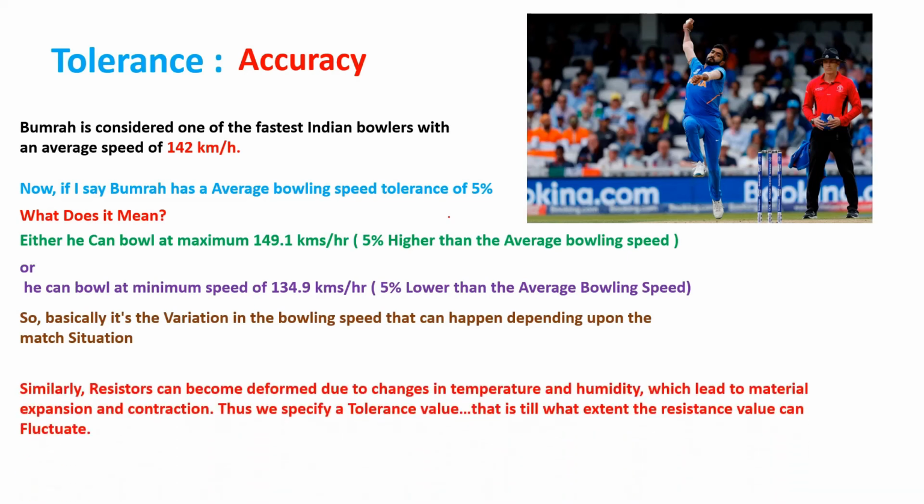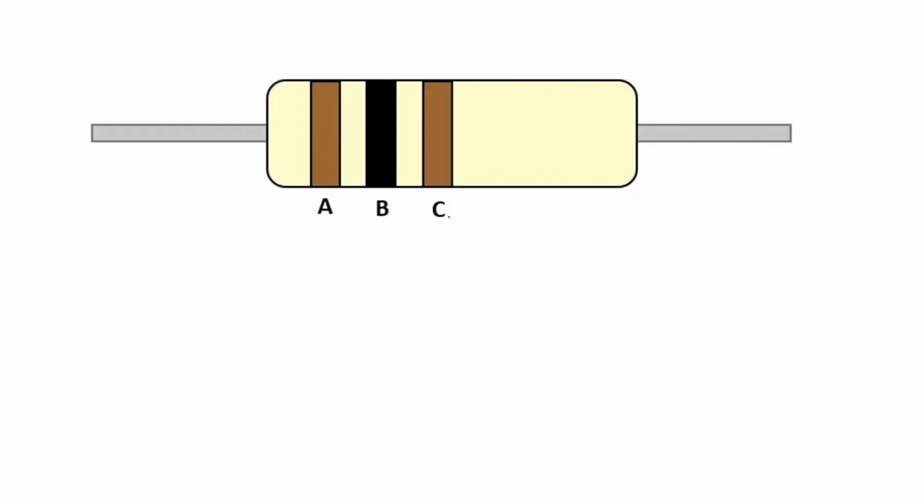Similarly, resistors can become deformed due to changes in temperature and humidity, which leads to material expansion and contraction. Thus, we specify tolerance value, that is till what extent the resistance value can fluctuate. Alright, so let's consider this example of a 100 ohm resistor.